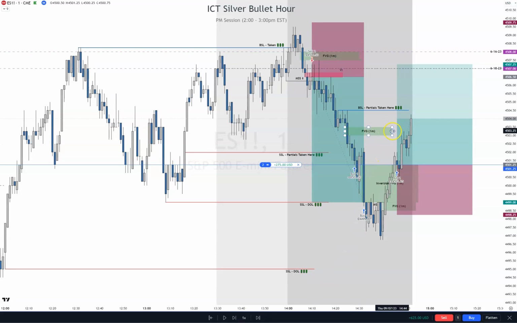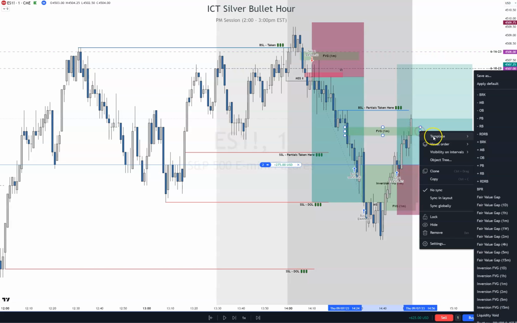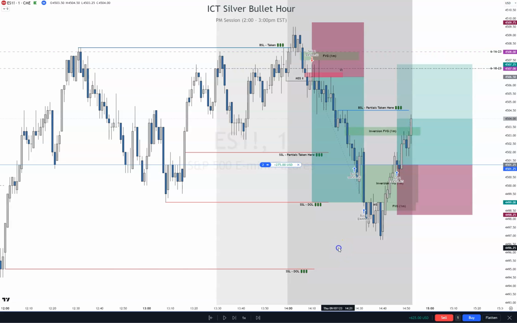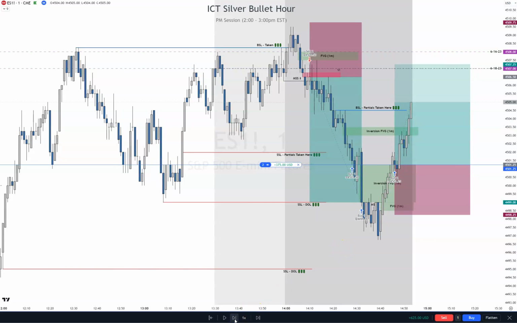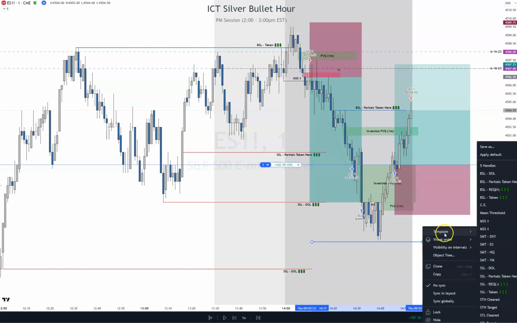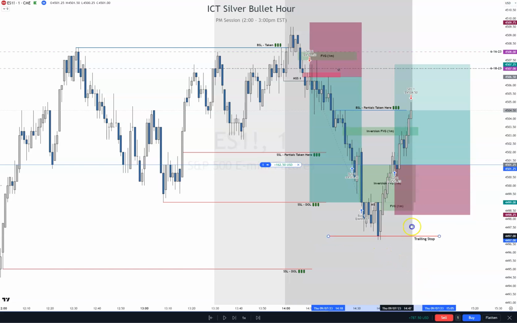Okay, now this right here becomes an inversion as well. Okay. All right, so I'm going to sell 1 there. Where's my stop, right? Got a trailing stop. Trailing stop would be right here.